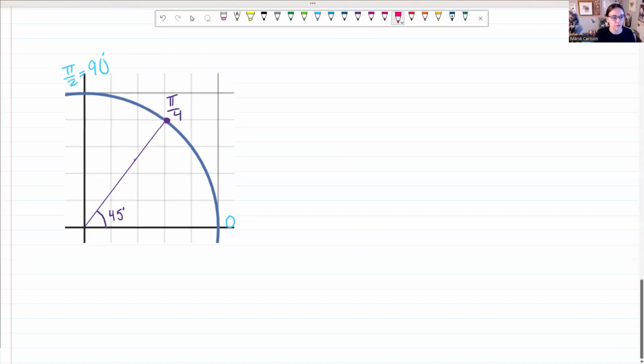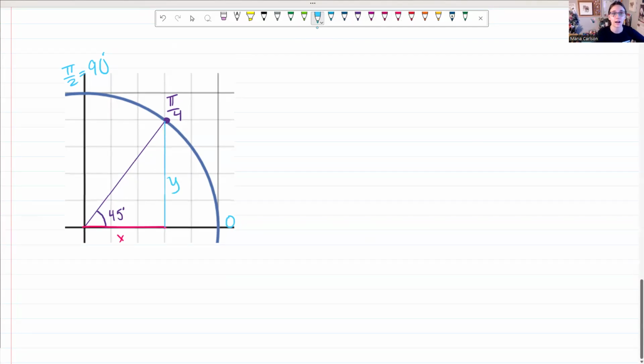And we can draw that right triangle again. X here is the distance, the horizontal distance from the center to that point, where we have pi over 4, and then y is the vertical distance.